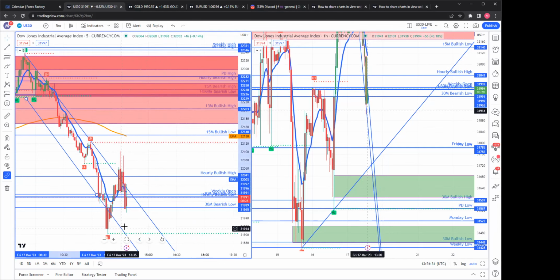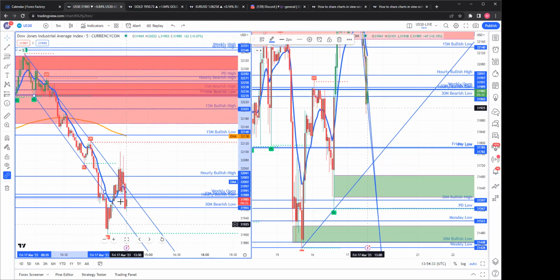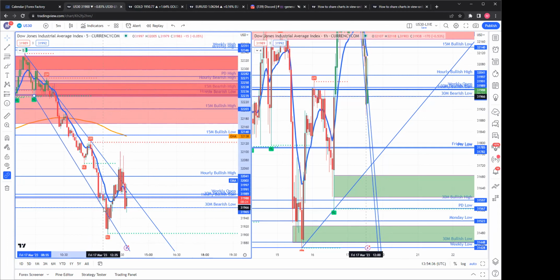Let me try and replicate the MT4 trend line. So the MT4 trend line comes somewhere around there. The other one, this one ideally. So I know I'm not touching the lower high, but I'm trying to replicate what I have on my MT4. Yeah, which is not gonna work.